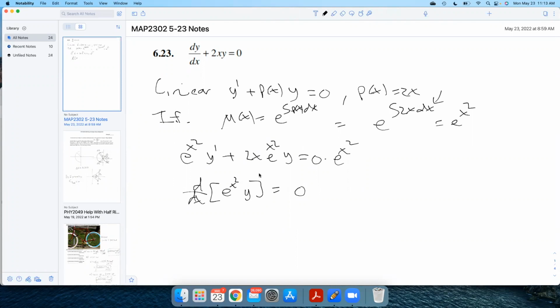Derivative of e to the anything is e to the same thing times the derivative of the top, times leave the second one alone, plus leave the first one alone times the derivative of the second. What's the derivative of y? Y prime. So that's it. If I were to take the product rule of these two guys, I would get the left-hand side. If that doesn't happen, you've goofed over here somewhere.